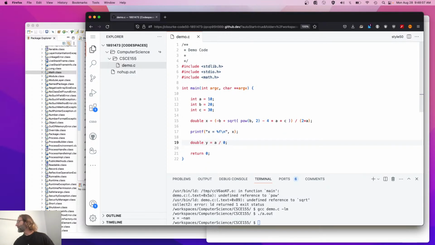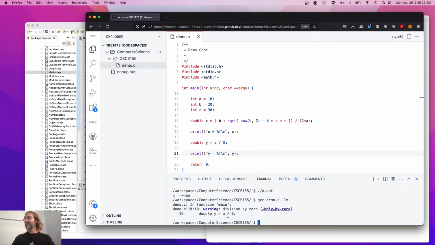Oh, no problem. All right. Don't worry about misspellings. All right, there we go. And let's go ahead and print y. Sorry, it's difficult to follow along on the chat there. And let's recompute this. All right, first of all, it's warning me about it. Division by 0.